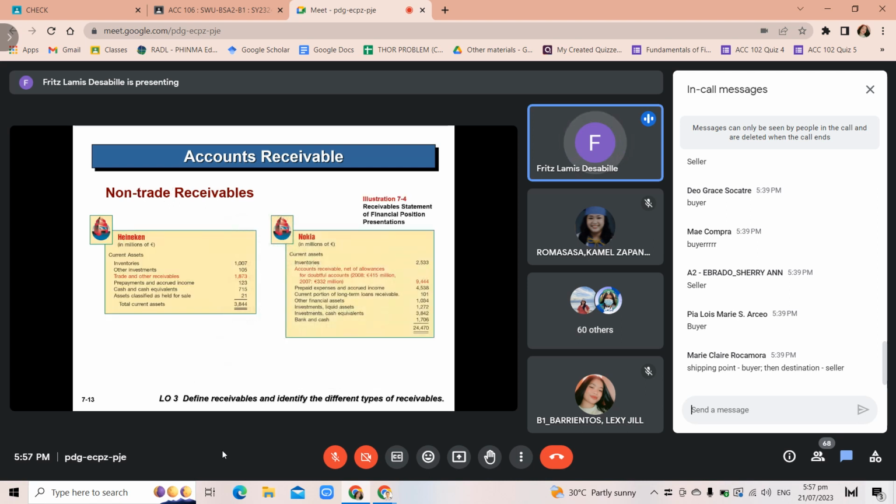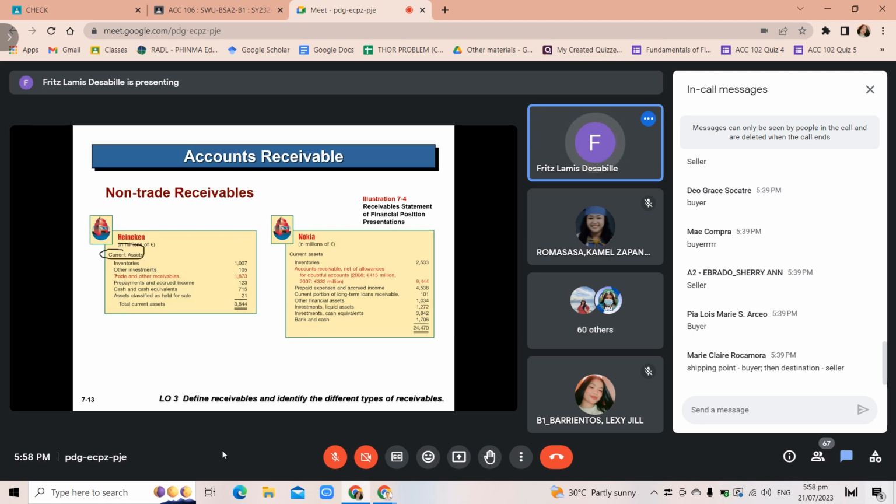Okay, so this slide illustrates where non-trade receivables and trade receivables are presented in the financial statements. Trade and other receivables are part of current assets.